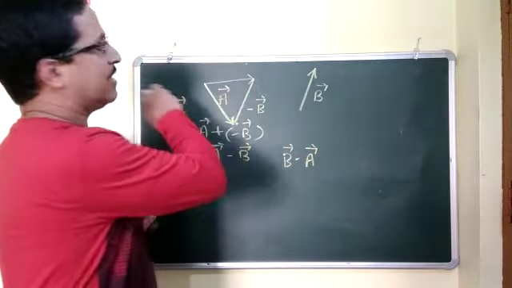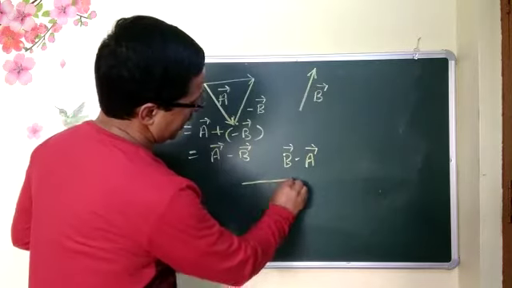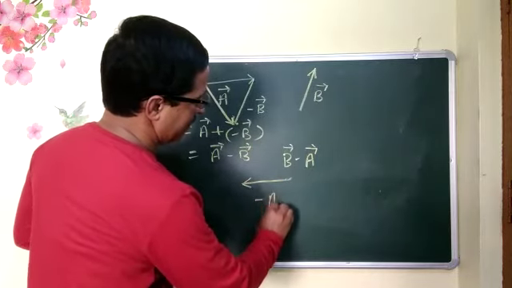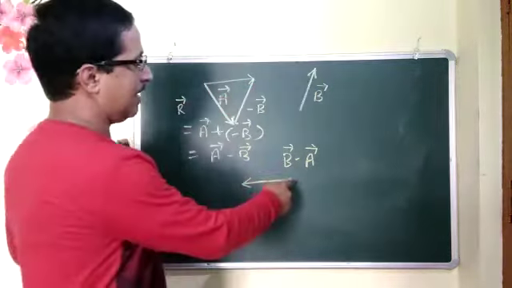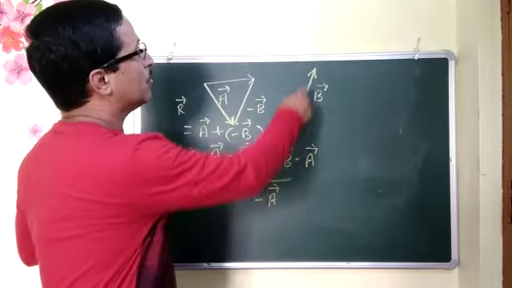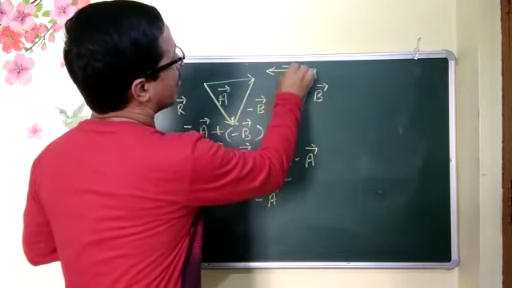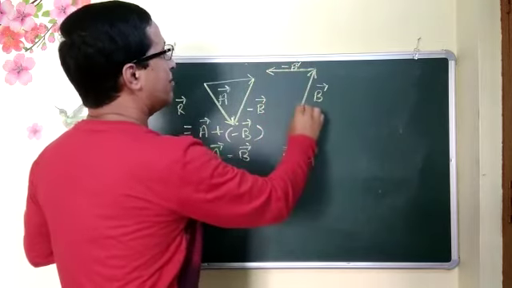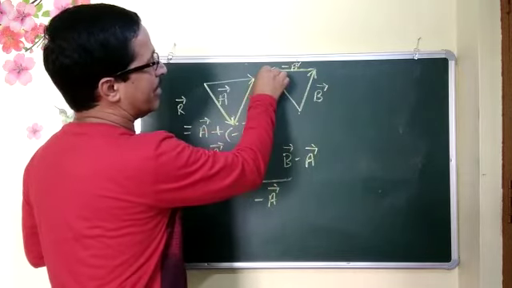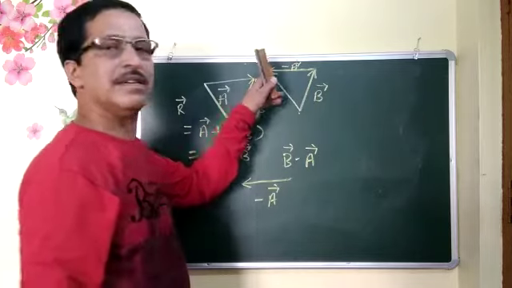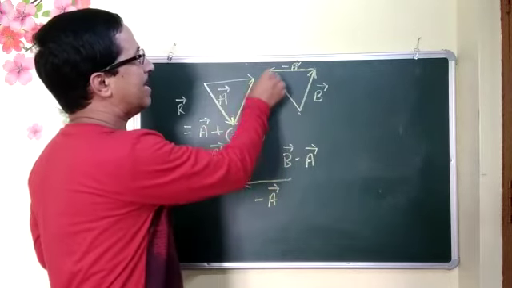We will reverse the direction of A without changing its magnitude, and then A will become, on reversing the direction, minus A. This vector will be now taken here, and its tail will be connected to the head of B, and then the tail of B will be connected to the head of minus A. This line segment will give us the difference B minus A, and it will be directed from this side to this side.